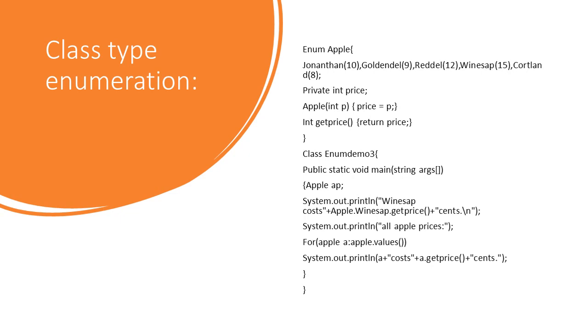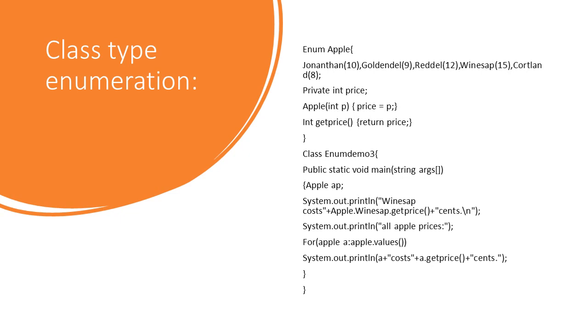I'm taking a class EnumDemo3 with public static void main(String args), and I'm going to print the statement "Winesap costs" plus Apple.Winesap.getPrice() plus " cents." Whatever we have written in quotes will be returned the same.